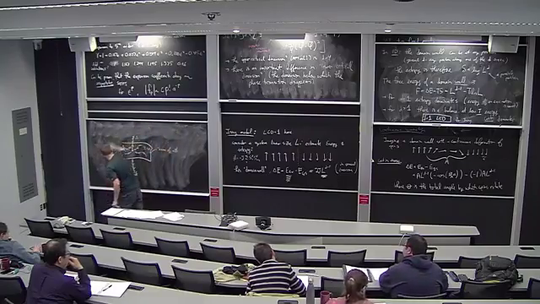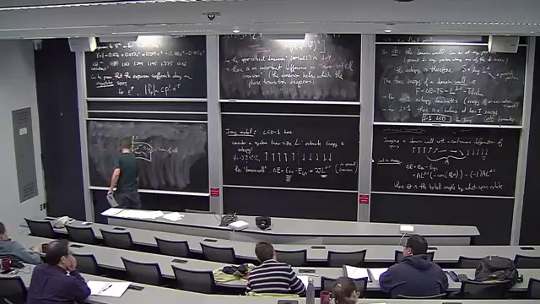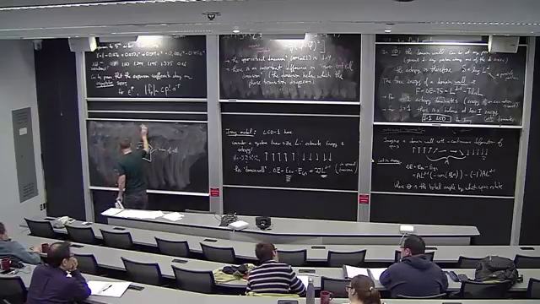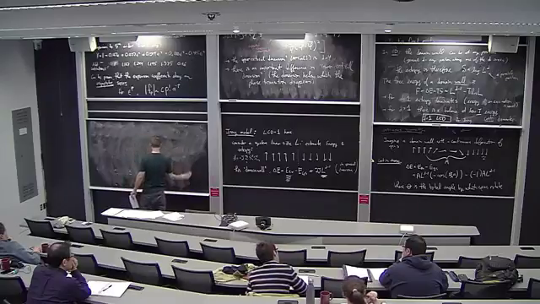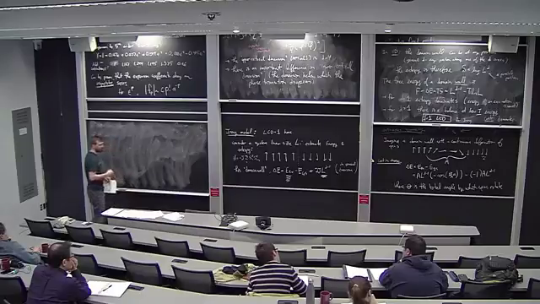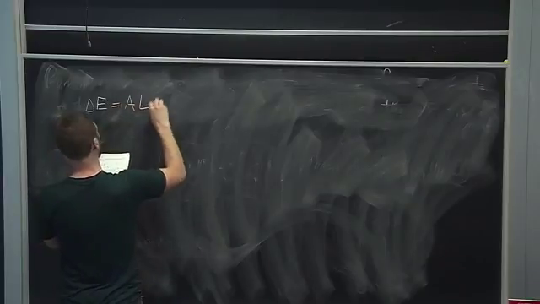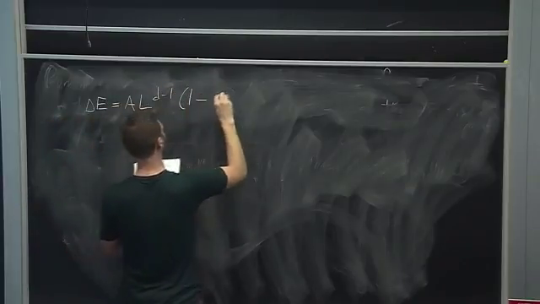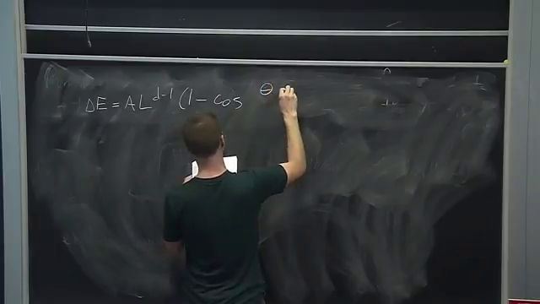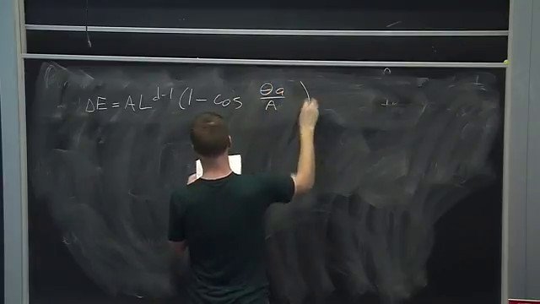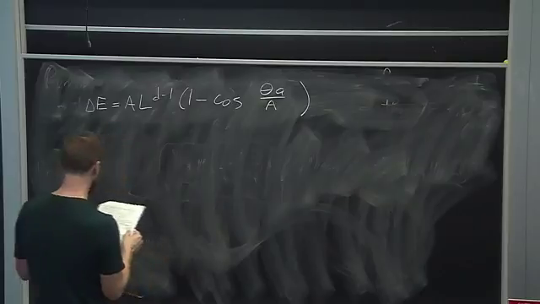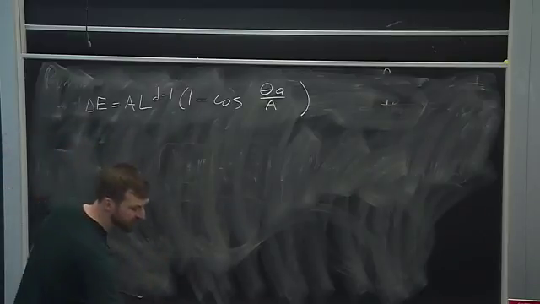Okay, and that obviously depends on whether you're O(2) or O(3) and so on, but let's just use cosine. You can have other degrees of freedom for higher symmetries. Okay, so my delta E. Small a is the lattice constant, big A is the domain wall thickness.